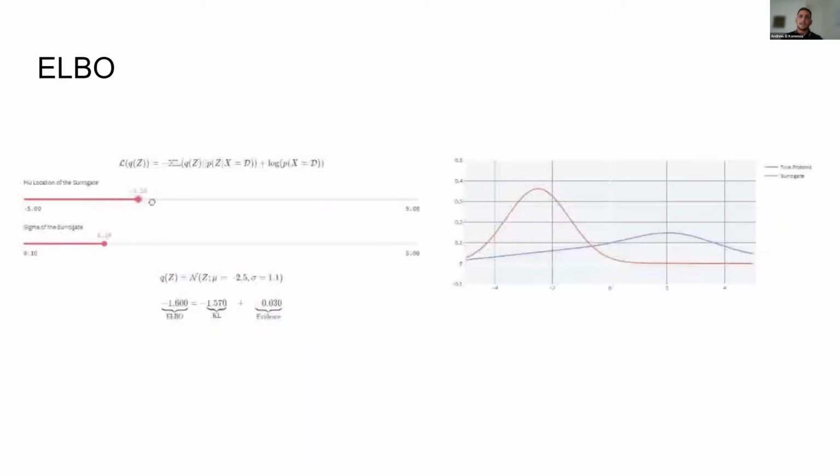And so here's a quick animation of how we have a true posterior, which is the purple curve, and then a surrogate distribution. As those two distributions start to overlap, we maximize the evidence lower bound.